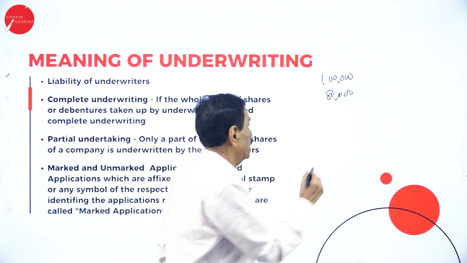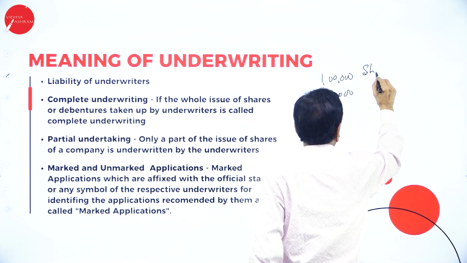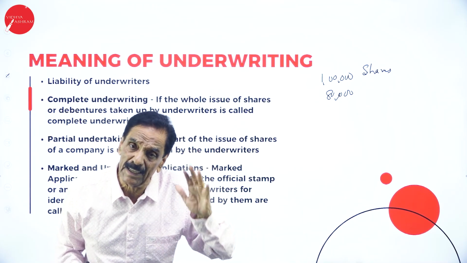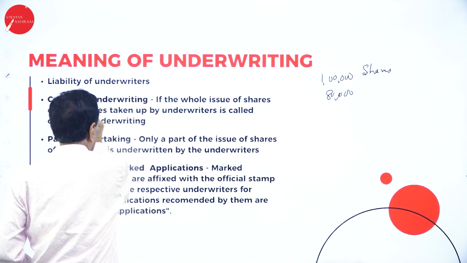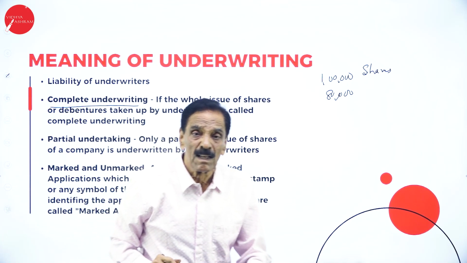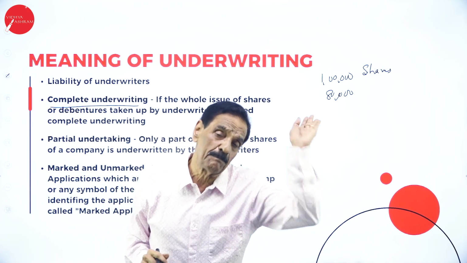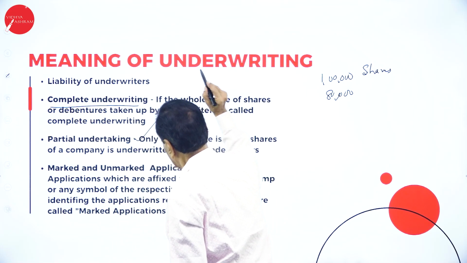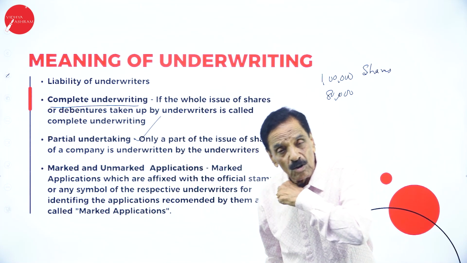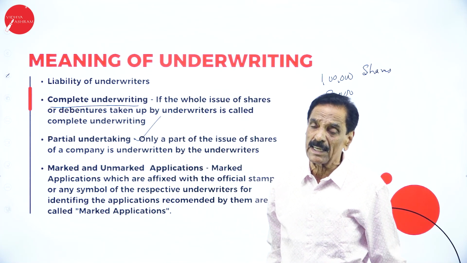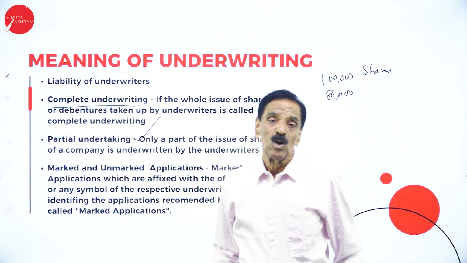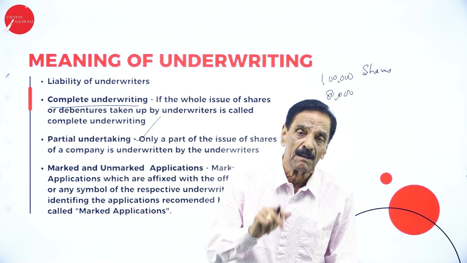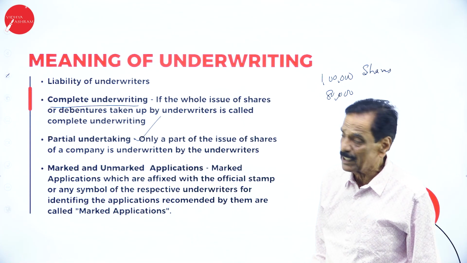If the number of shares is 1 lakh, and the entire 1 lakh is taken up by the underwriter, it is called complete underwriting. Only 80% or 70% taken by the underwriter is called partial underwriting. I think you understand. So complete shares taken by the underwriter is called complete underwriting. Only to the extent of 70% or 80% taken by the underwriter is called partial underwriting.